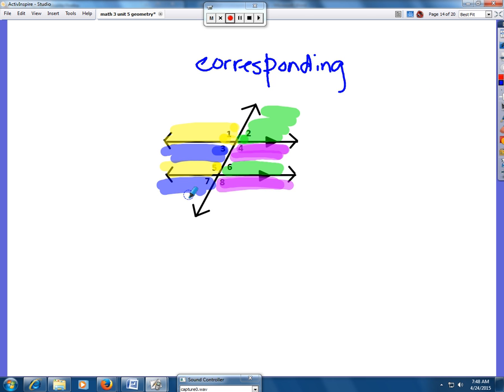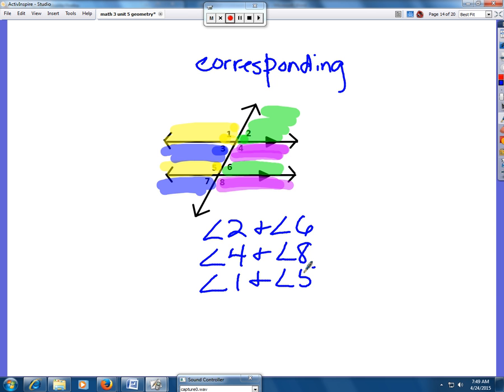So we've got 2 and 6 are corresponding angles, 4 and angle 8, angle 1 and angle 5, and angle 3 and angle 7. Those are your pairs of corresponding angles.